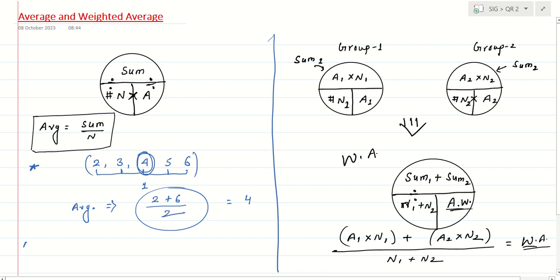Always. Let's take another example: 5, 7, 9, 11, 13. These elements are also in arithmetic progression because we have a common difference, 2.